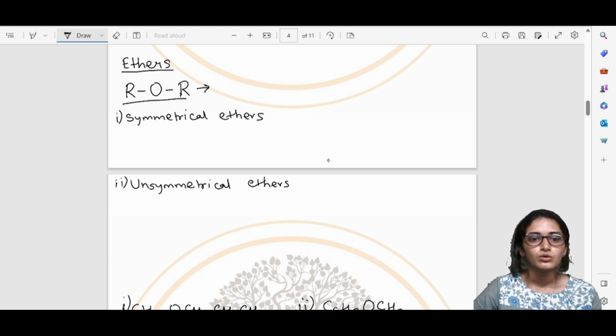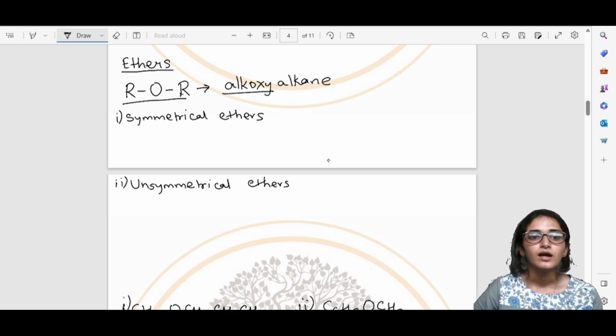Ethers are named like this. This is an alkyl group, this is an alkyl group. So the IUPAC name is alkoxy alkane. Alkoxy means alkyl group plus oxygen. So alkoxy and one alkane.